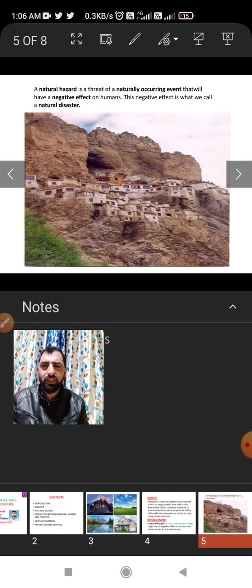Dear students, you must also remember that cyclones, tsunamis, floods, earthquakes, volcanic eruptions, forest fires are the examples of natural hazards.